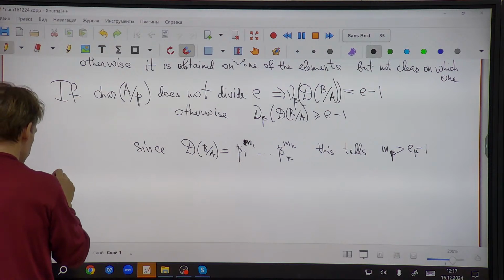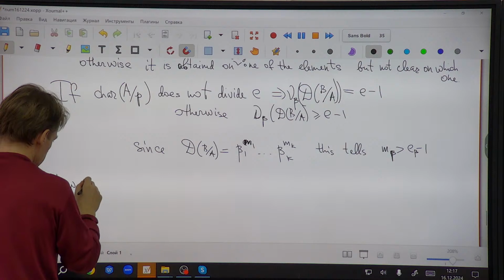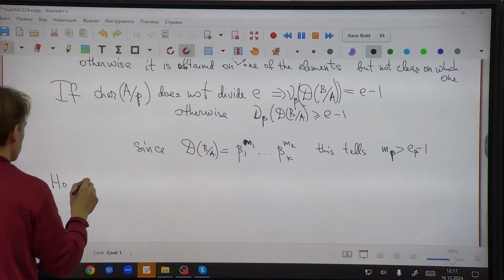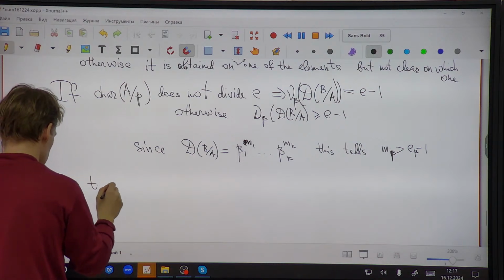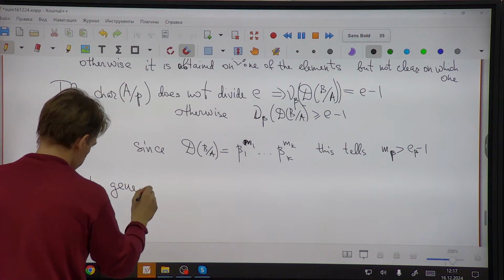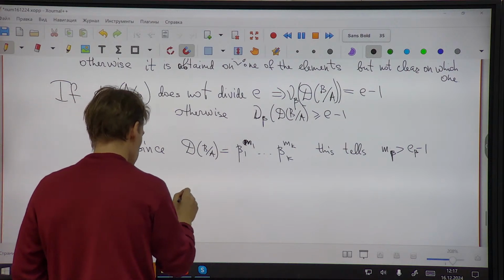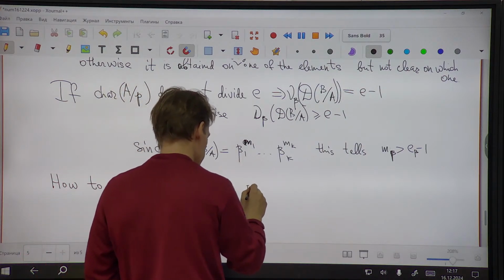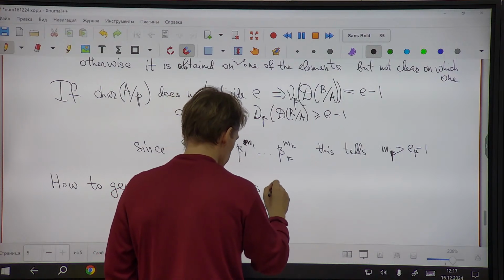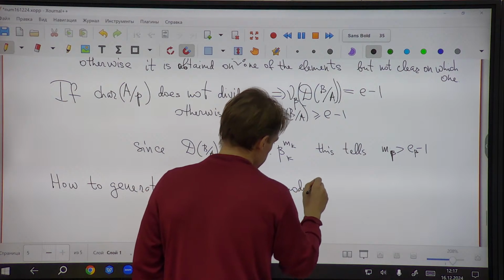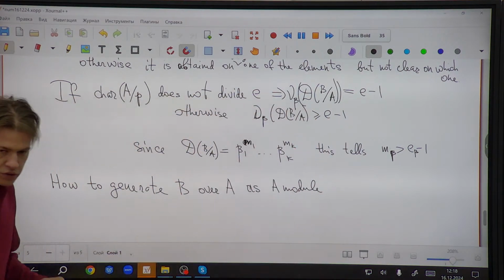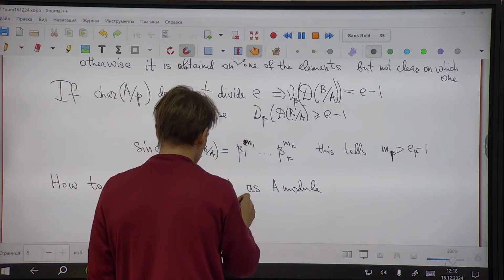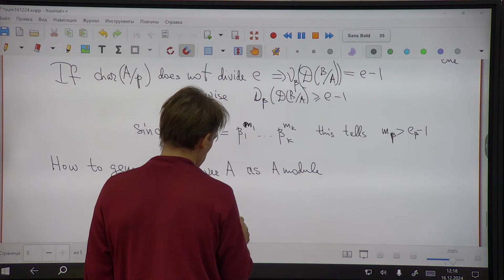The question is how to generate B over A as a module. Notice that B is a finitely generated module. So the question is what can be taken for the basis. And now we shall discuss it.